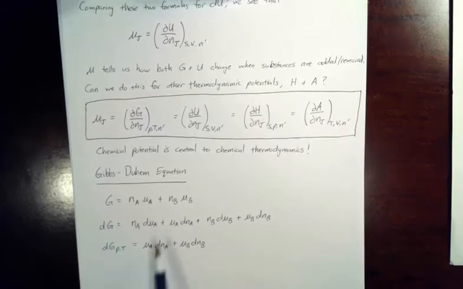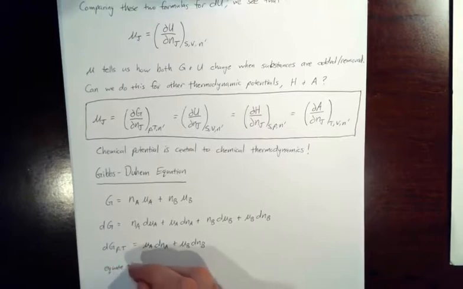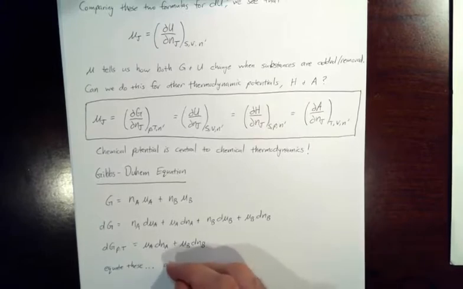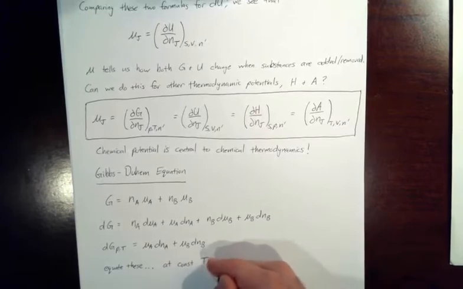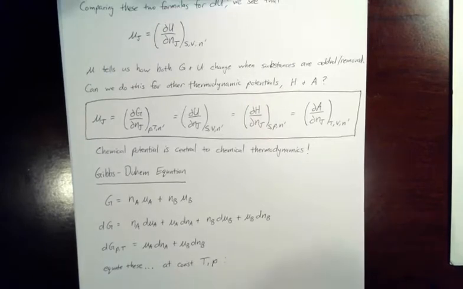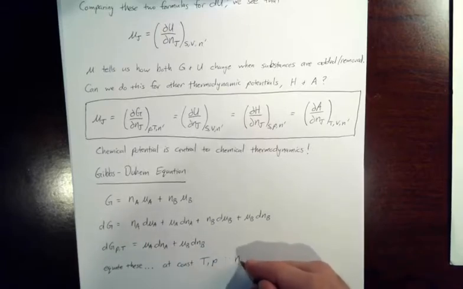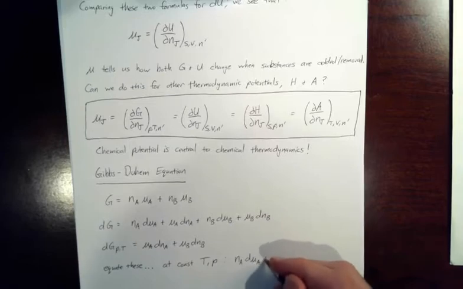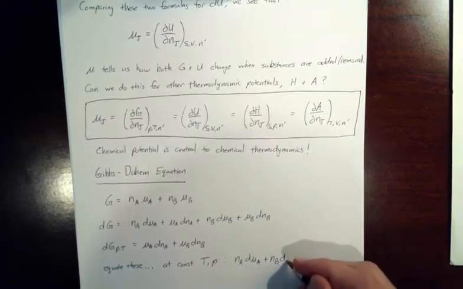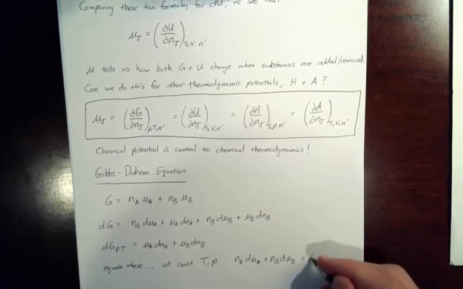All right, so if we compare these two equations, so we equate these, then that means at constant temperature and pressure, this term will cancel with this term on the other side, and this term will cancel with this term on the other side, and that leaves me with these two terms. So what I'm left with is NA d mu A plus NB d mu B, and on the other side, everything canceled, so that's equal to 0.